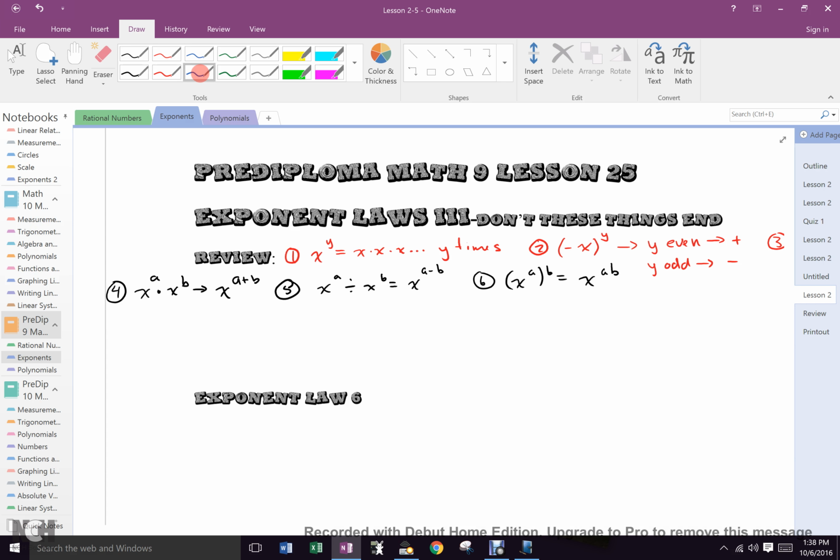And finally, the top laws. Number 7. X plus y, to the a, is what? It's either the sum to the a, or x to the a plus y to the a.